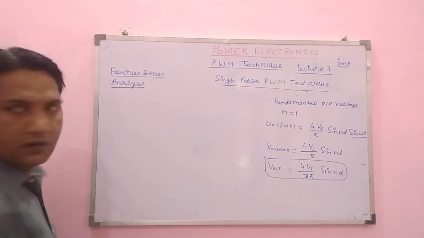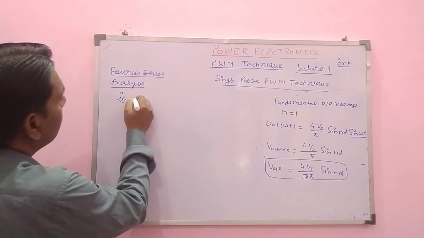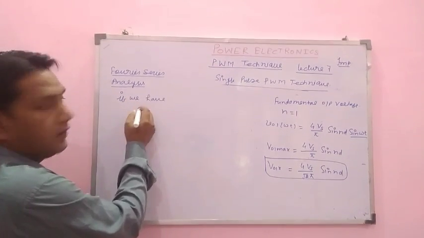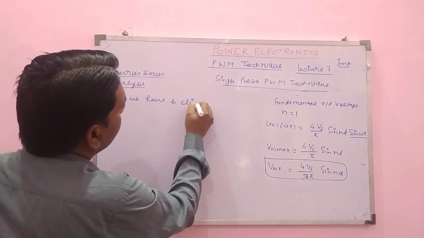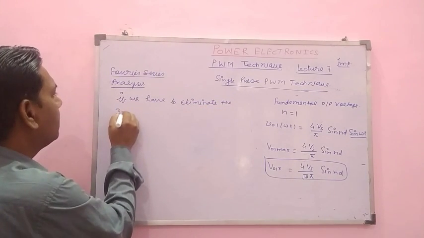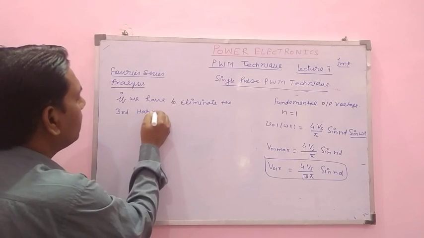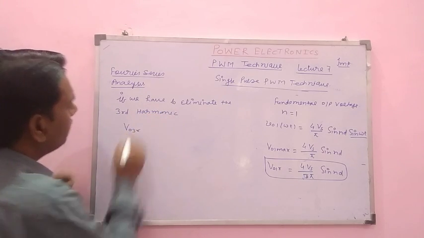So if we have to eliminate the third harmonic, first we will determine the RMS value of the third harmonic.